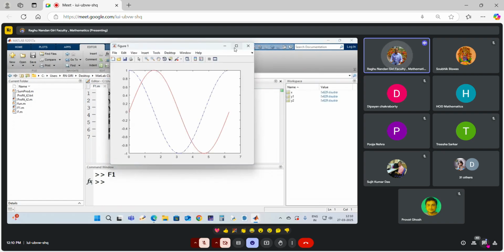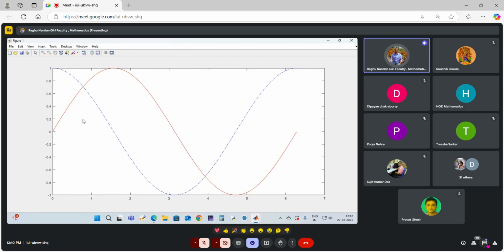There are two graphs. One is the sine curve, one is the cos curve. But from this figure, it is not seen which graph is for sin x, which one is for cos x, and what is the x-axis, what is the y-axis.